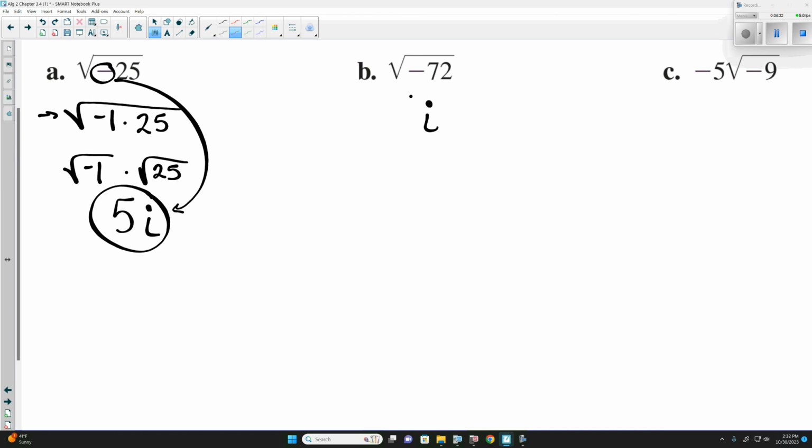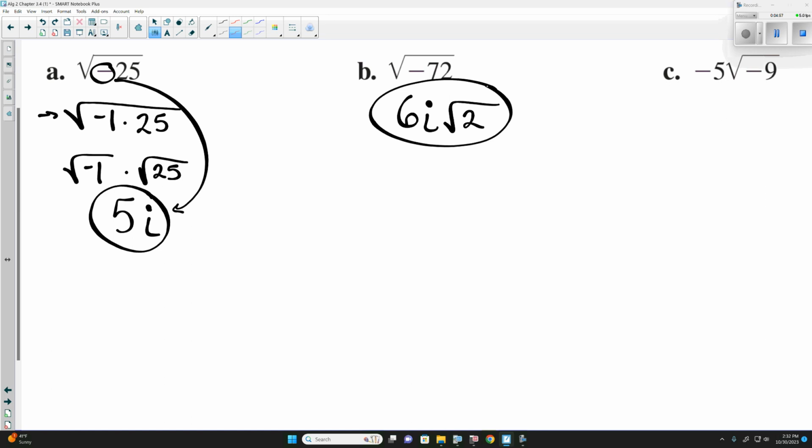So this will tell us that we have 6i square root of 2. Because the 6 came out of the radical, i also came out, and then we have the square root of 2. Questions on this here? Are we ready for the next one?